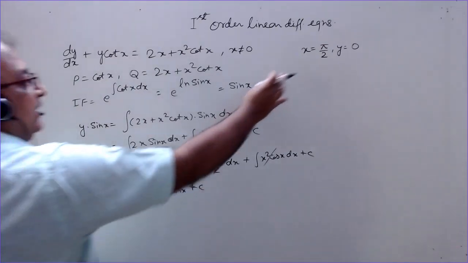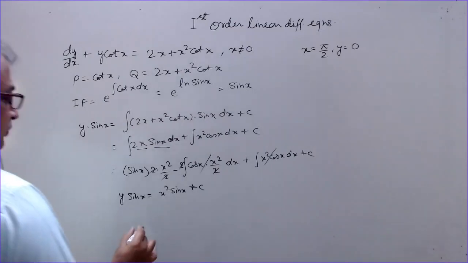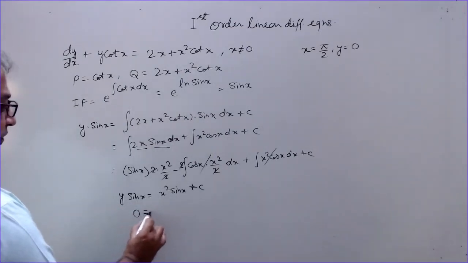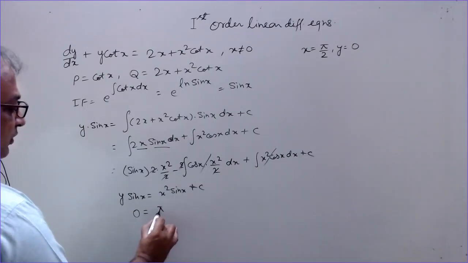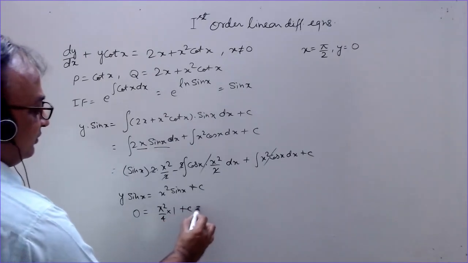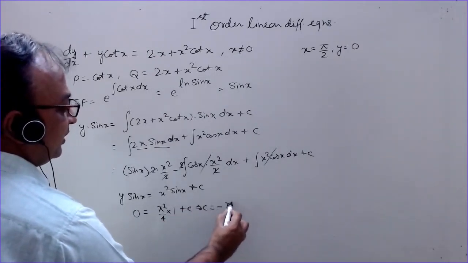Now put the condition when x equal to pi by 2, y is 0. So y is 0, sin pi by 2 is 1. So 0 equal to pi square by 4, sin pi by 2 is 1. So c is minus pi square by 4.